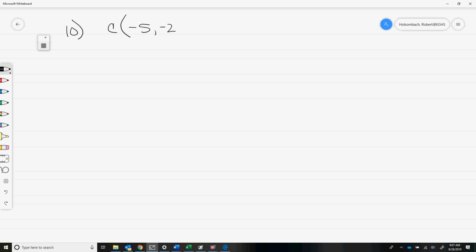And you need the midpoint. So your midpoint, you need your X in the middle and you need your Y in the middle. So we're going to label the points again. X sub 1, Y sub 1, X sub 2, and Y sub 2.